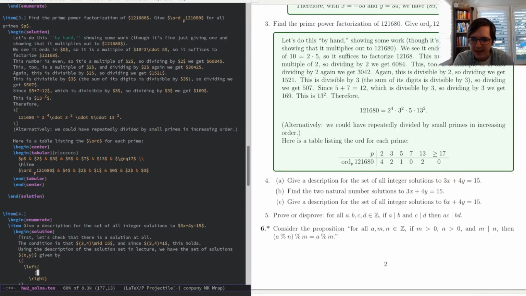So how did this work? We're supposed to take 15 divided by the GCD. I guess I should think about what the lecture said. It's 15 divided by the GCD, and then we multiply by various k, and then multiply by -4 for x and 3 for y. Okay.